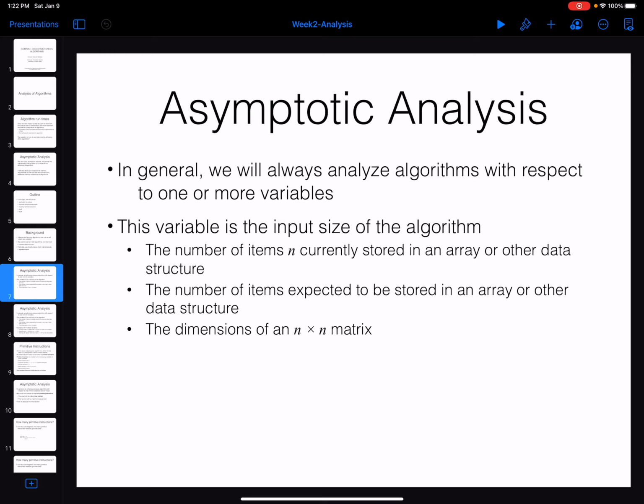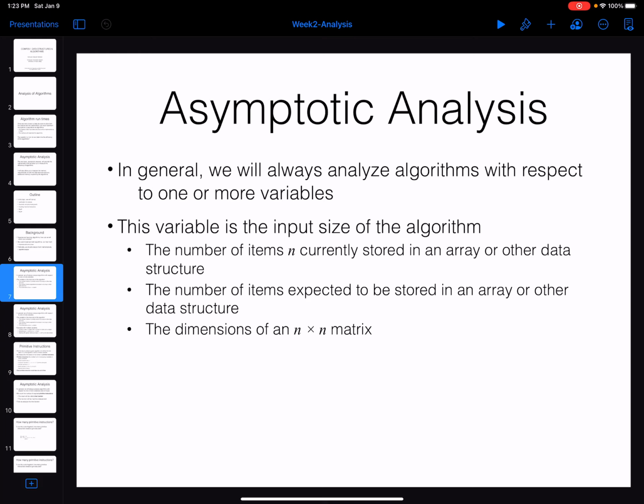Sometimes you have just one variable, for example sorting algorithms that sort items stored in an array. Or you have a data structure storing some items, and you don't know how many items at each time, because you are adding or removing items.